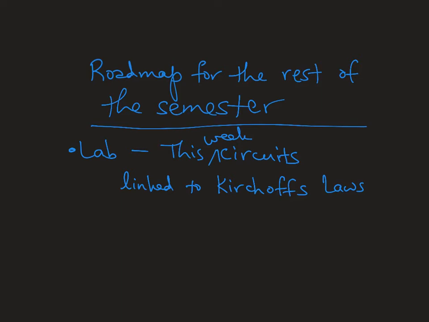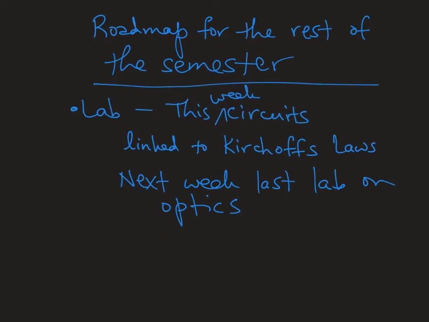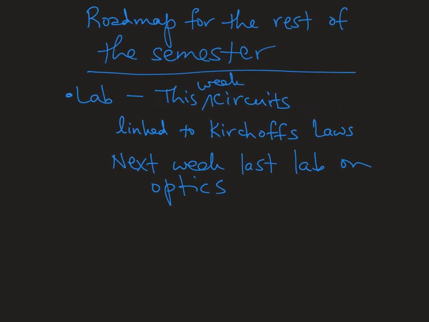Okay, so this week is on circuits. Next week will be the last lab, and it'll be on optics. I found a program that's like the one we're using for the circuits, where you'll be able to move lenses around.